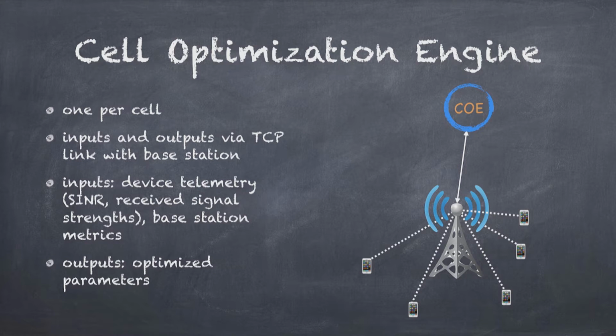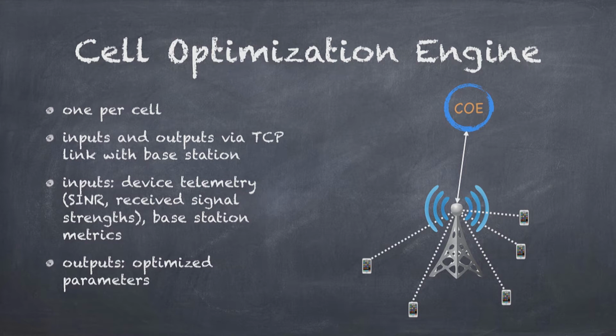The inputs are things like this: on this base station here, you can see 5 devices currently connected. Those devices are continually monitoring their environment. They're monitoring and reporting things like their signal to interference and noise ratio, and also the received signal strengths from the device's currently serving base station, but also from neighboring base stations that it may happen to see.